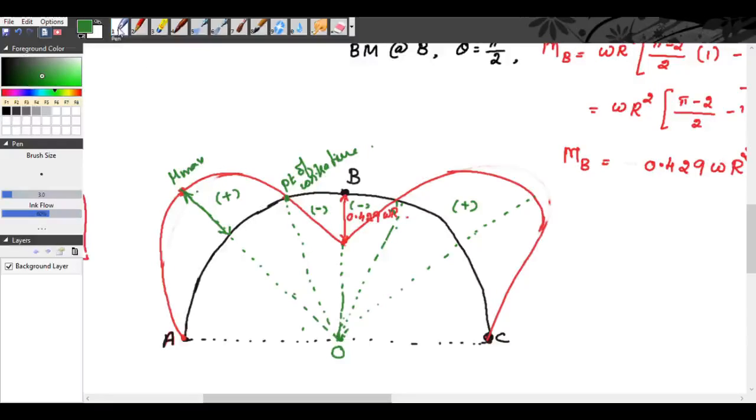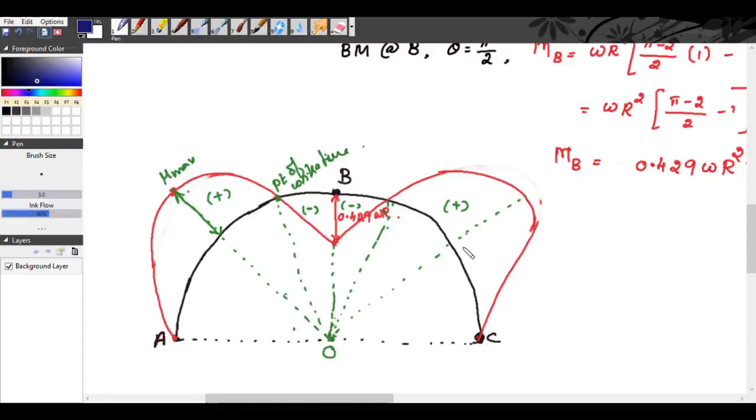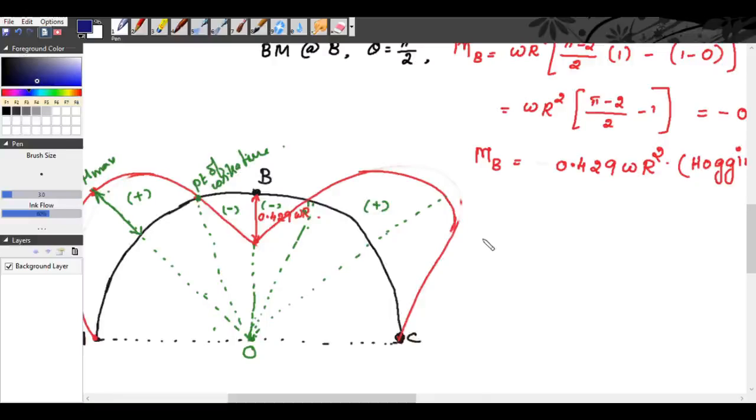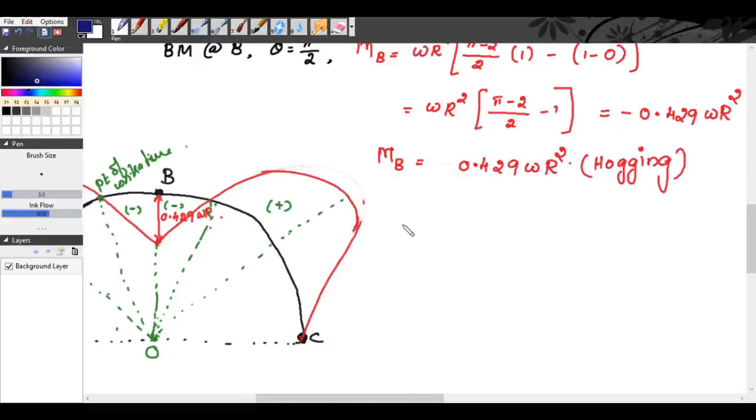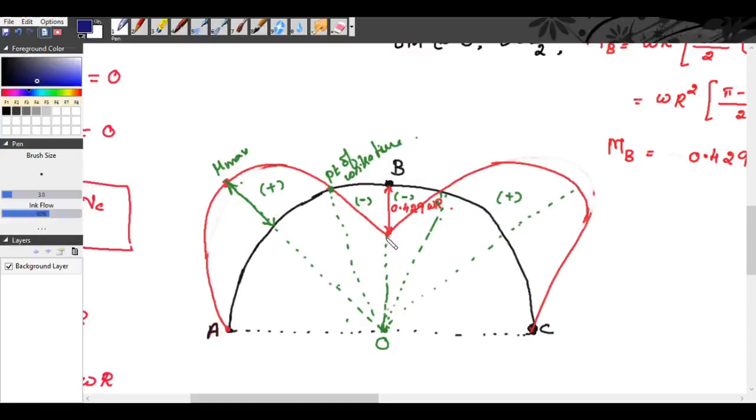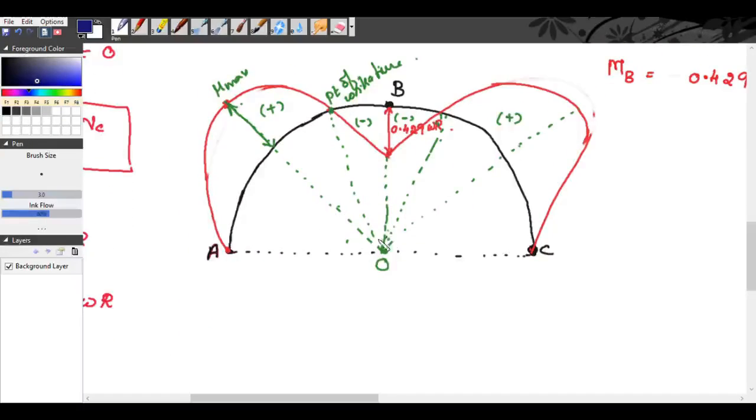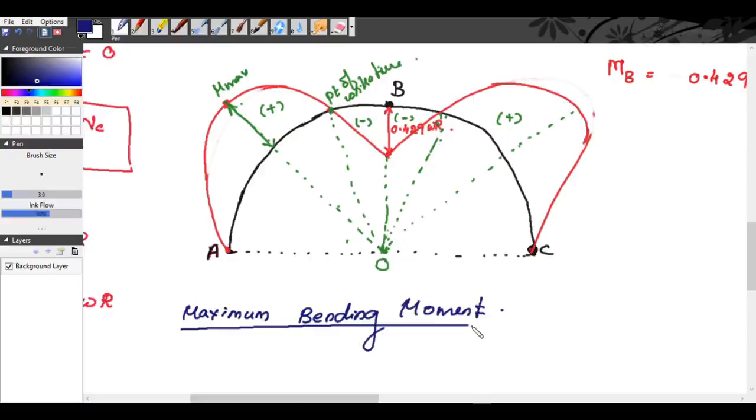Okay, now we will find the maximum bending moment, right? So how will we find the maximum bending moment?